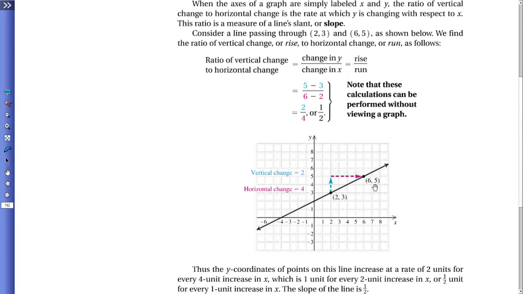Well, if I went up 5 and this other one went up 3, what's the difference? I take the subtraction of that, 5 minus 3, and that'll give me 2. And that would be the same as going, hey, I got to go up 2 and then to the right a certain amount.